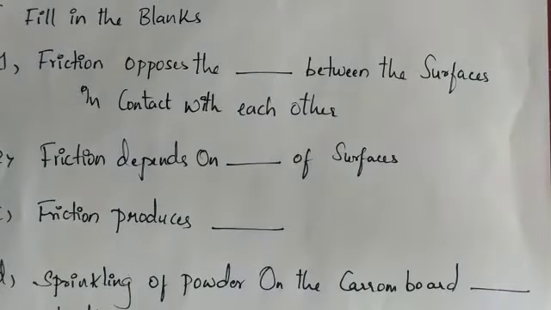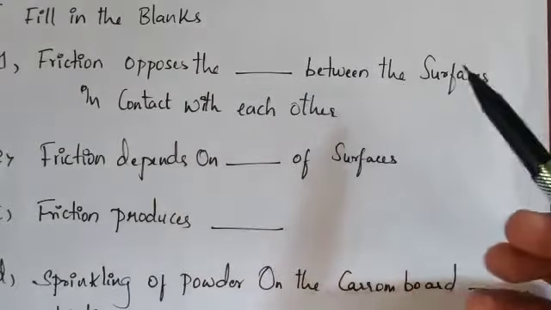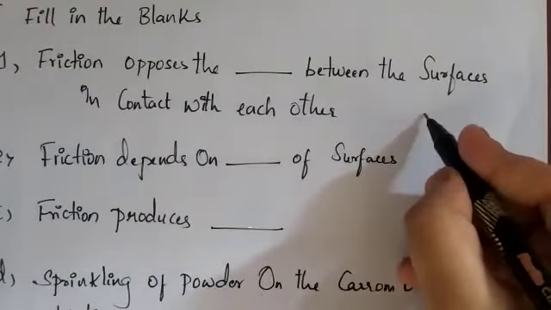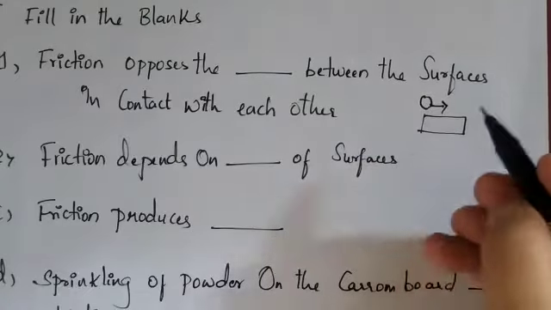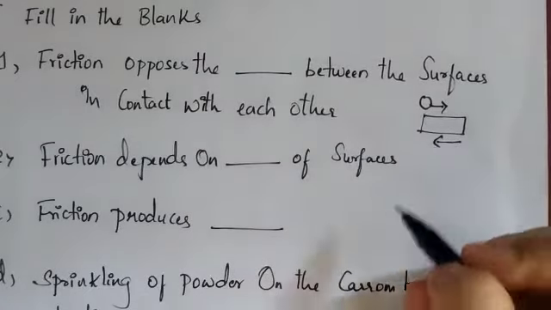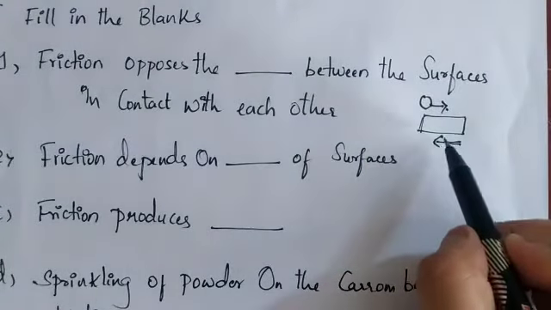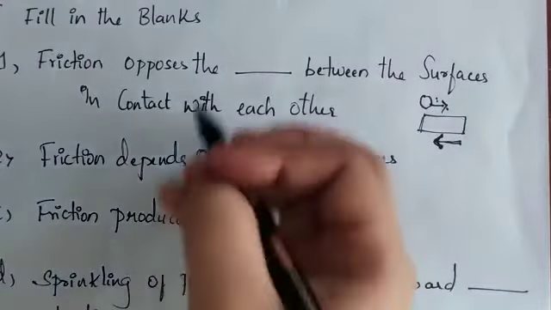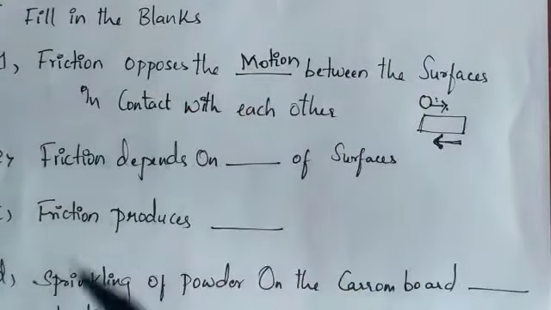Next, let us take some of the fill in the blanks which are given in your textbook. Friction opposes the dash between the surfaces in contact with each other. For example, a ball is moving on the ground in this direction, and friction is applied opposite to the motion.